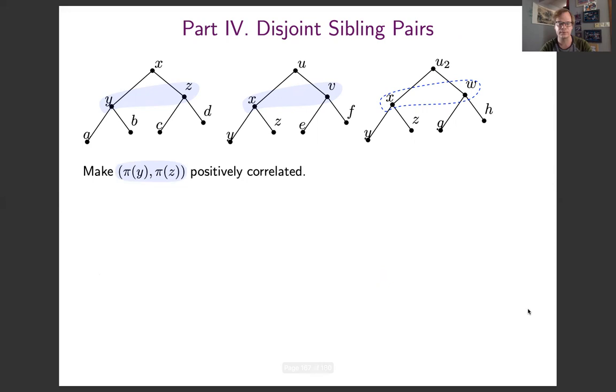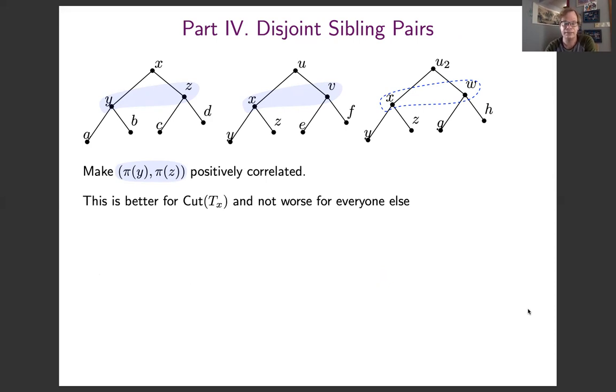Why is this good? Because now we define Q to make Y and Z positively correlated in some way. We define Q such that it is still uniform on every variable, but pi of Y and pi of Z are positively correlated.